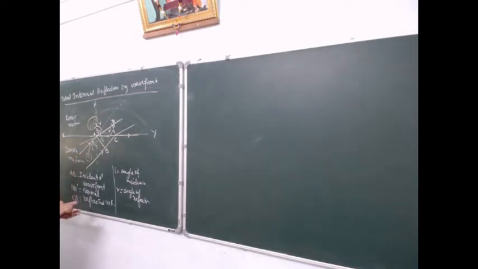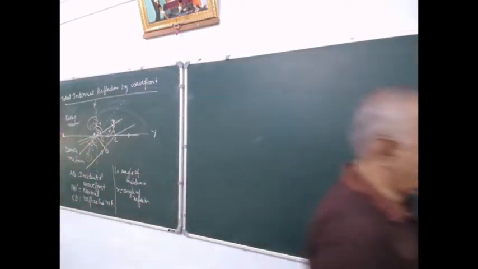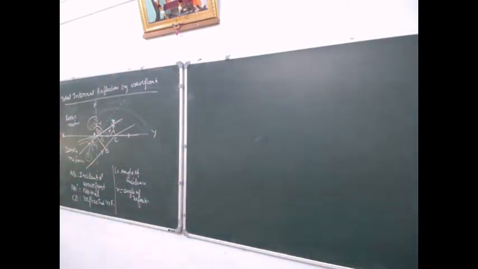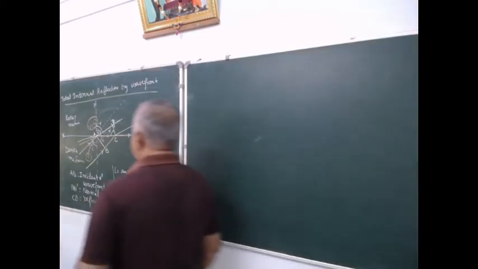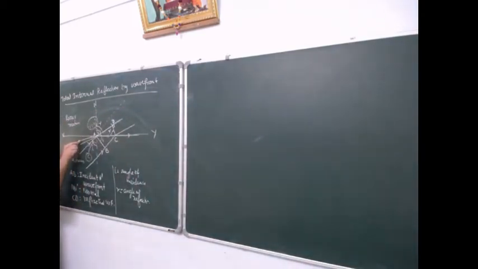Now let me use another color. Here, let it further increase. When the angle of incidence increases further like this, I think I have used yellow color. Are you able to distinguish? Otherwise, let me use blue color. Are you able to see this?